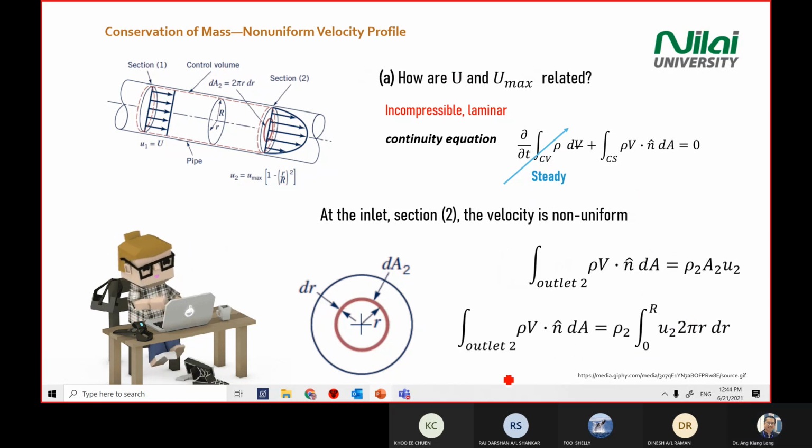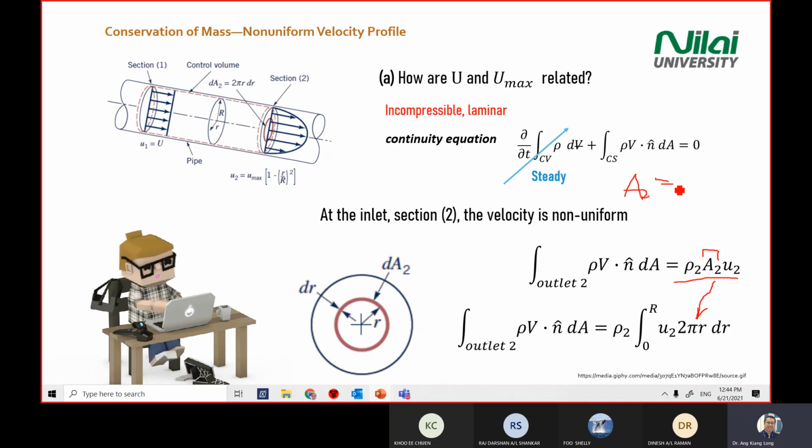Next, I will continue to expand the equation for outlet number 2. The area for a circle you can calculate like this, because you need to integrate with the radius. So what you try to do here is pull the rho 2 out and integrate the area. How do you find area 2?